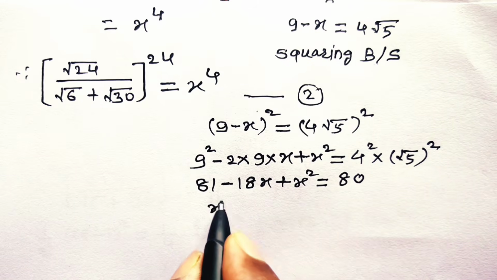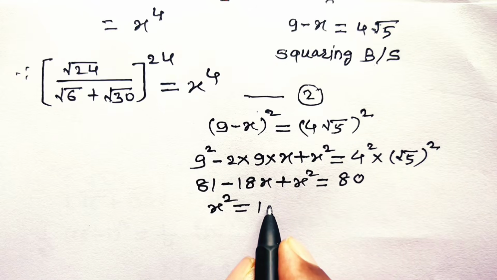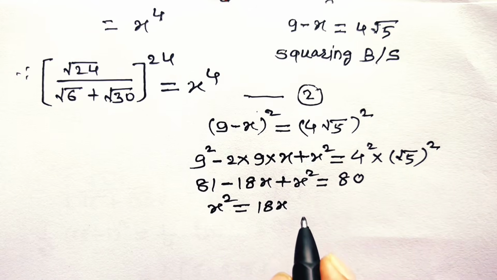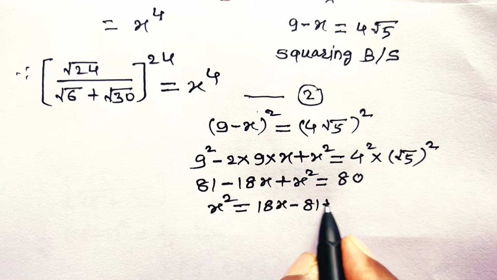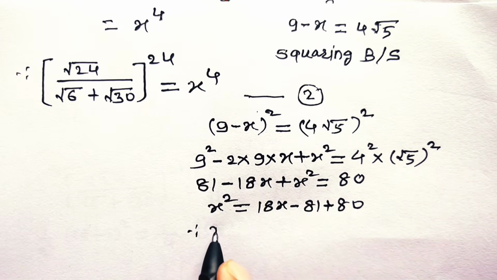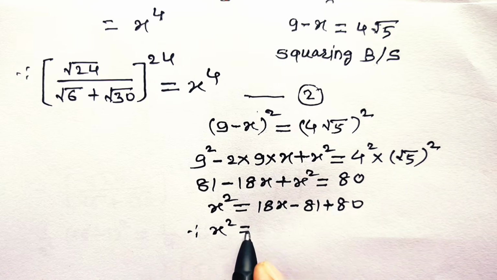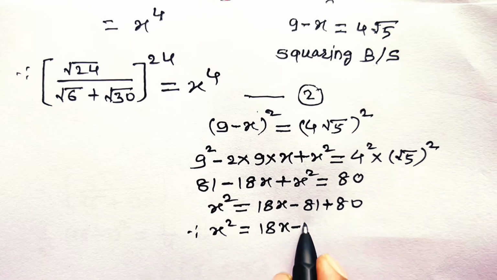Hence x square is equal to 18x minus 81 plus 80. Hence x square is equal to 18x minus 1.